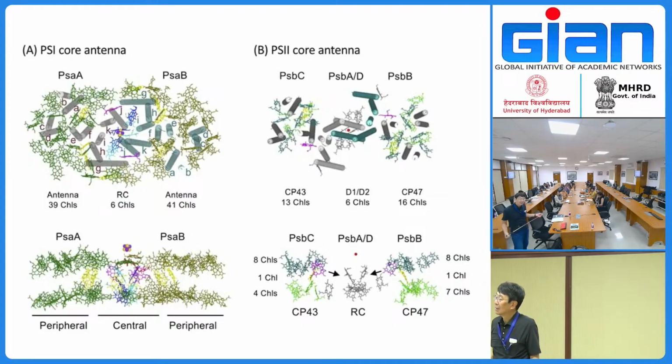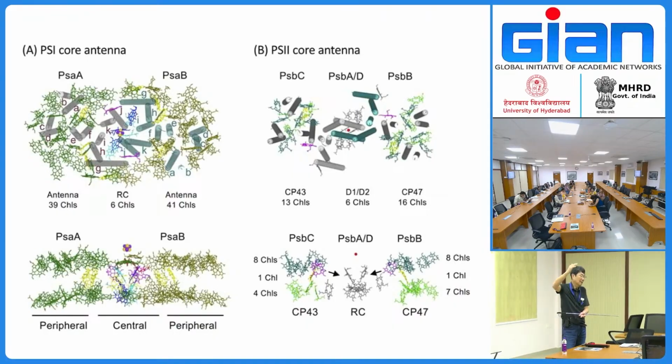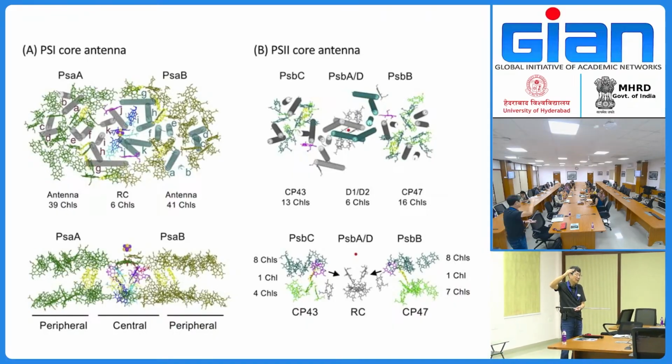And the photons, for example, in PS2, when the light photon is absorbed by chlorophylls here or here, the chlorophyll becomes excited. And this excited state is transferred among the chlorophylls, and then finally reaches the reaction center.